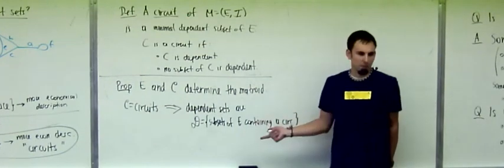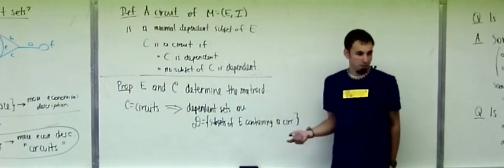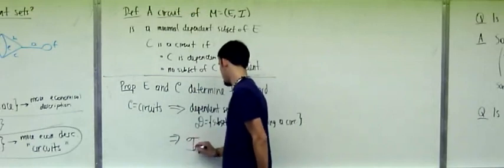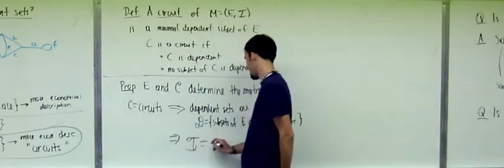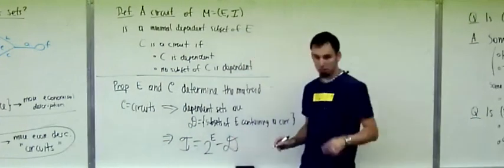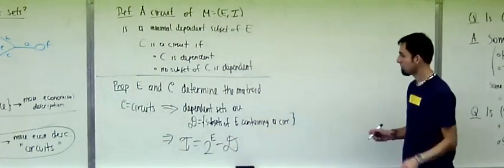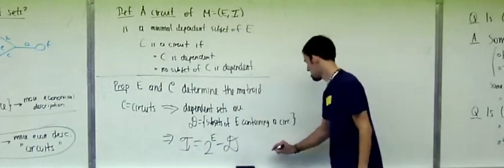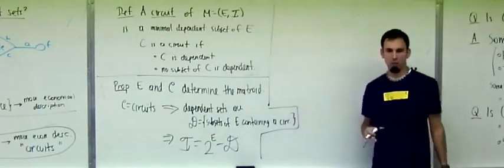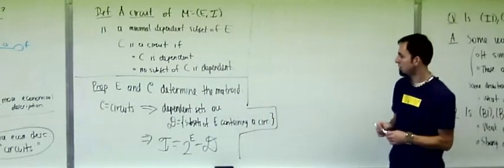And if you define dependent sets, then the independent sets are the other ones. Independent sets are just all the sets that are not dependent. So the circuits determine the matroid.